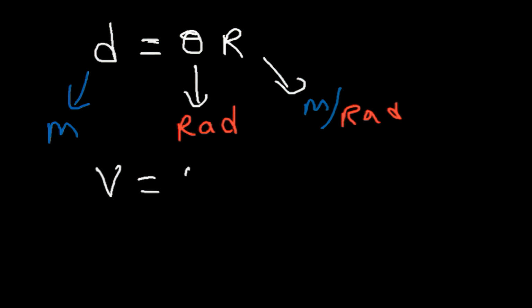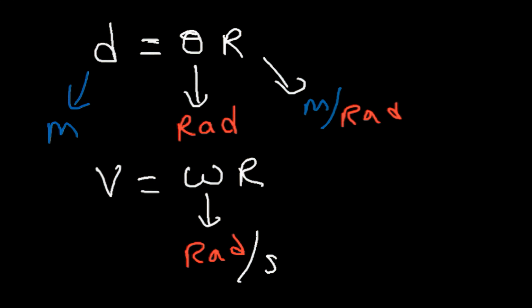Now for this one, we know that velocity is equal to angular velocity times the radius. The omega symbol, or the angular velocity, has the units radians per second. Now it could be radians per minute or radians per hour, but the most common unit is radians per second.